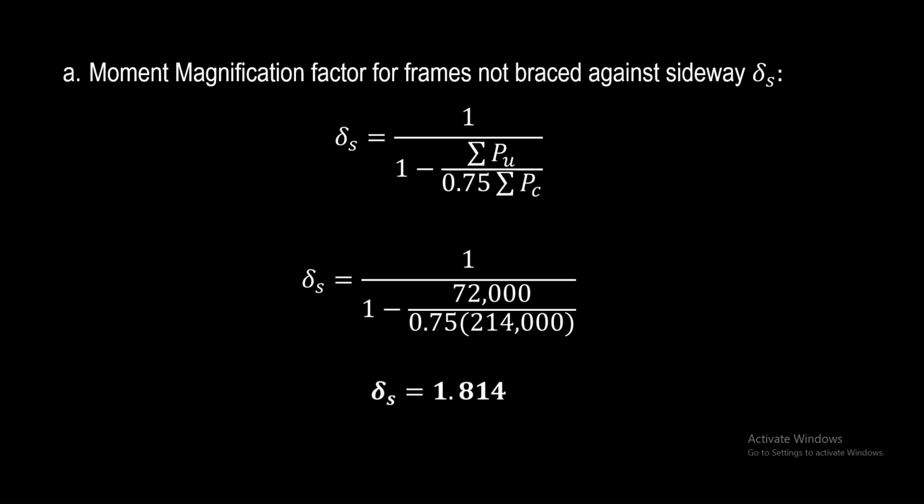As mentioned in our handouts, the moment magnification factor should be greater than or equal to 1. As computed, the moment magnification factor is 1.814, so it is greater than 1 and we satisfy the condition.